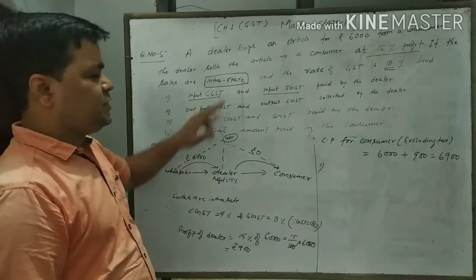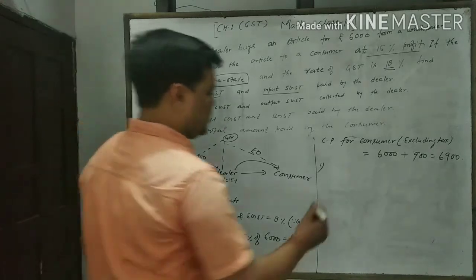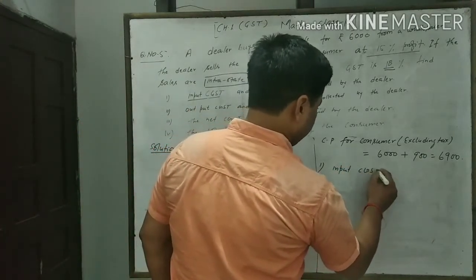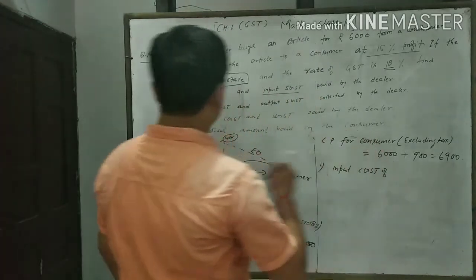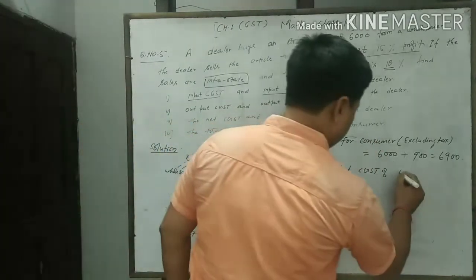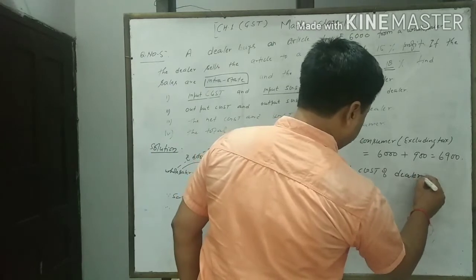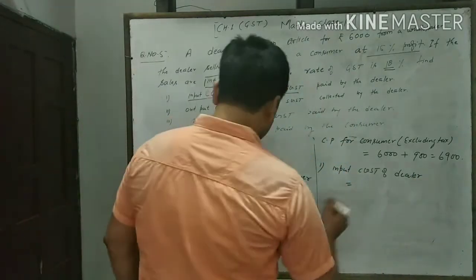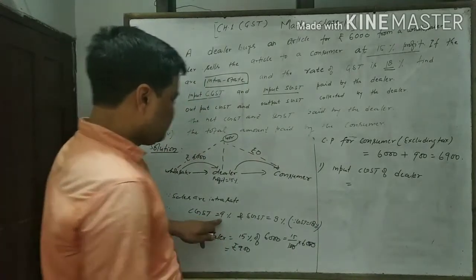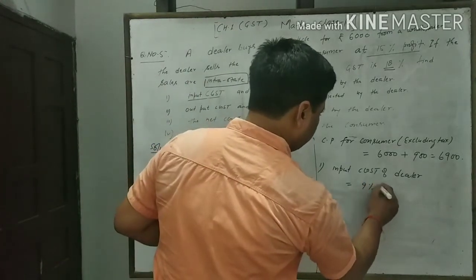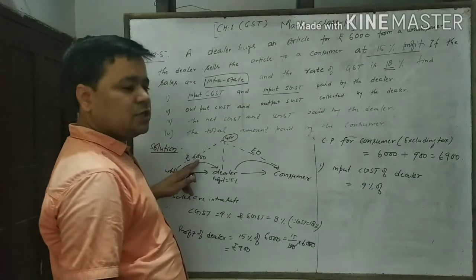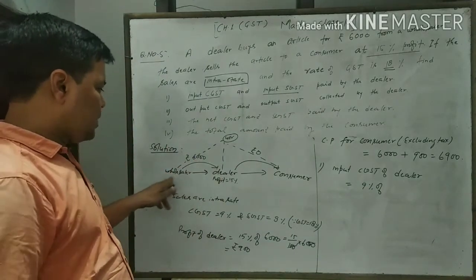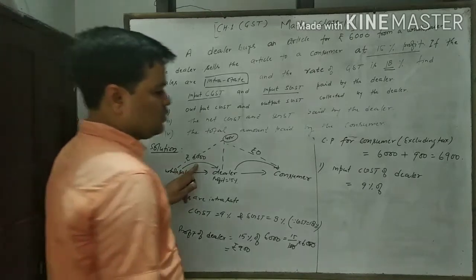Here input CGST of dealer will be 9% of 6,000 rupees, because the cost of the article whatever dealer takes from wholesaler is 6,000 rupees.